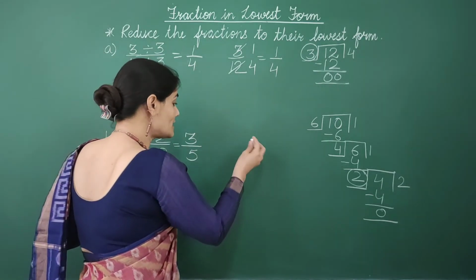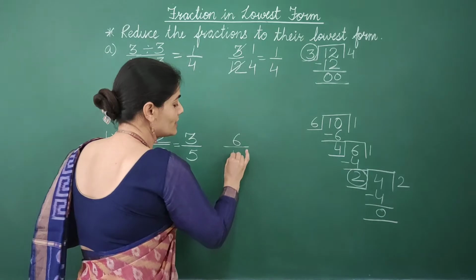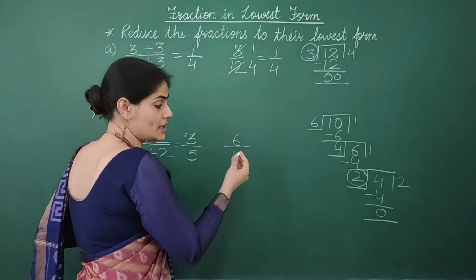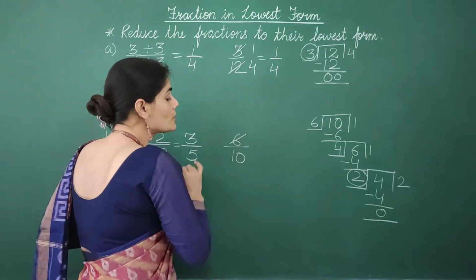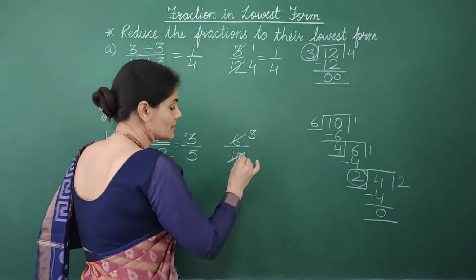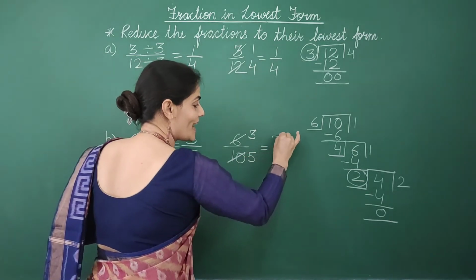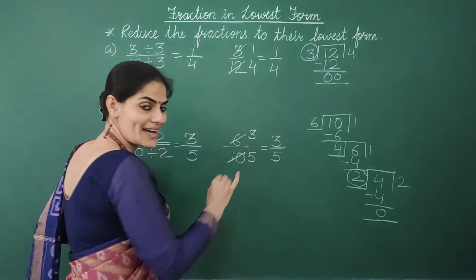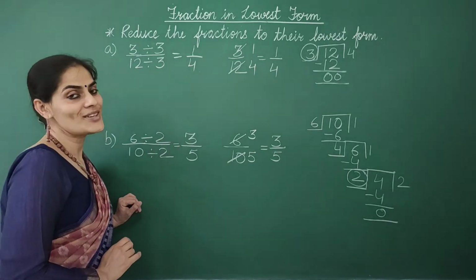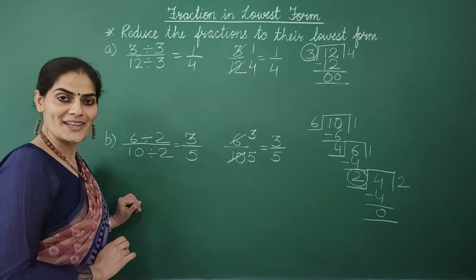And how do we write it in a shortcut way? You write the fraction 6 by 10 and do the calculations orally of cancellation. Now 6 divided by 2 gives us 3 and 10 divided by 2 gives us 5. So the answer is 3 by 5. I hope you all have understood. So let's do a few more parts now.